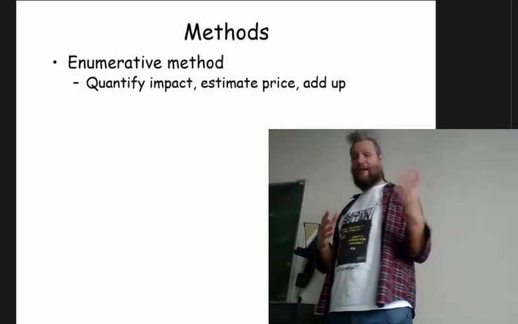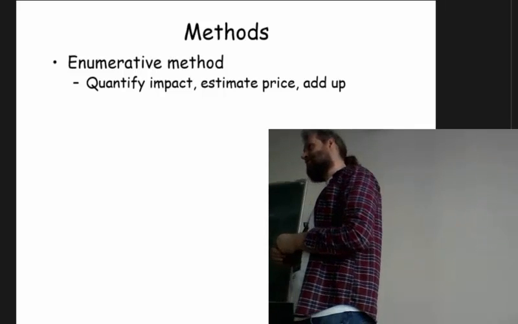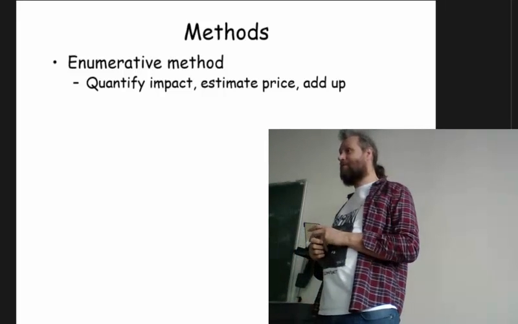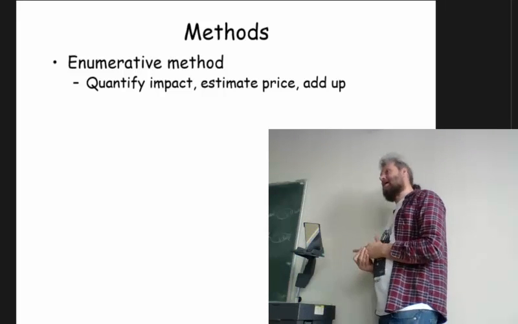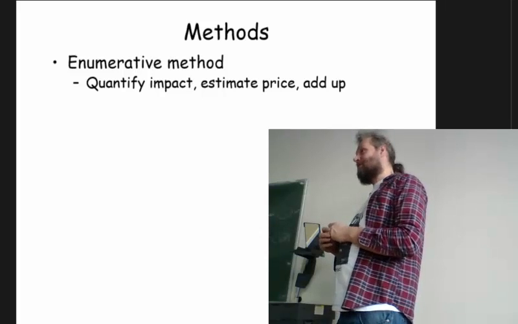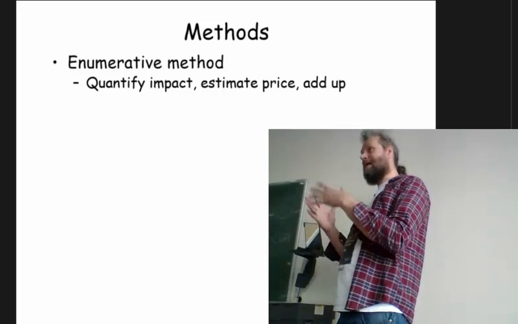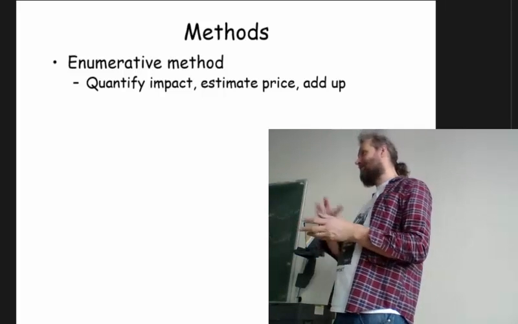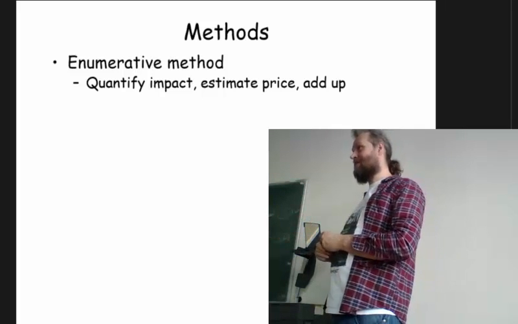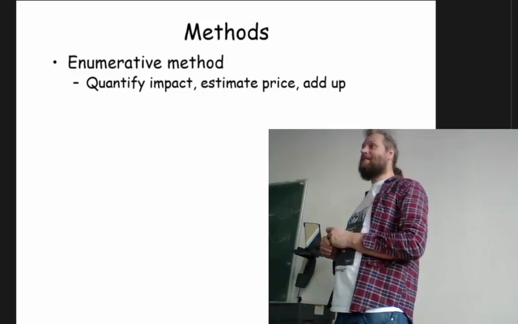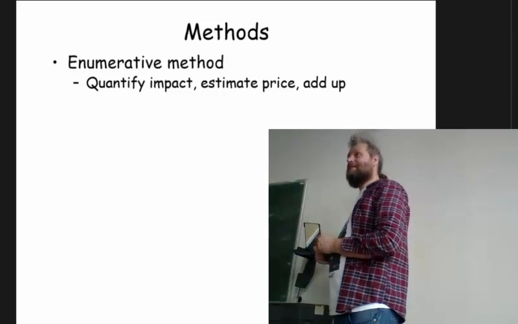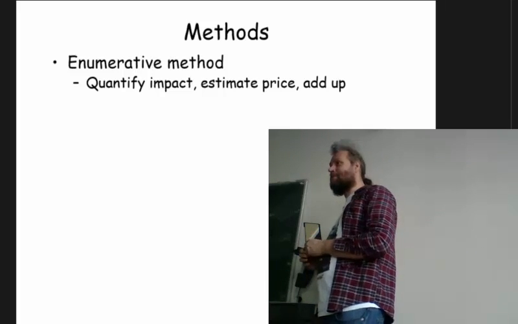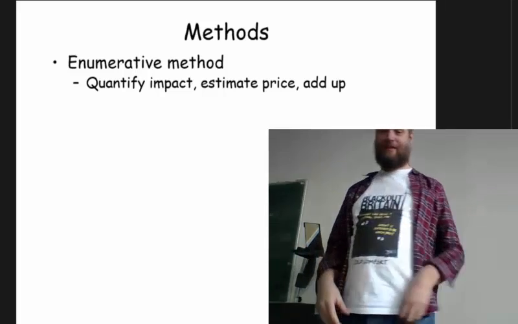You have the impact, you have the price, you multiply the two, you add them all up, and then you have a total welfare. Simple as it may sound, wrong as it may sound, it does not even include partial equilibrium effects, but if you have a large quantity shock, you would have expected the price to change. Simple and wrong as it may sound, this is by and large what the majority of the literature has done, and definitely the more famous studies in the literature have done.